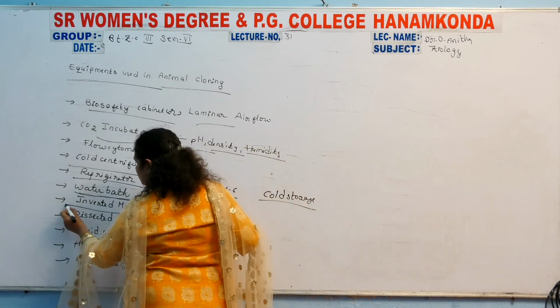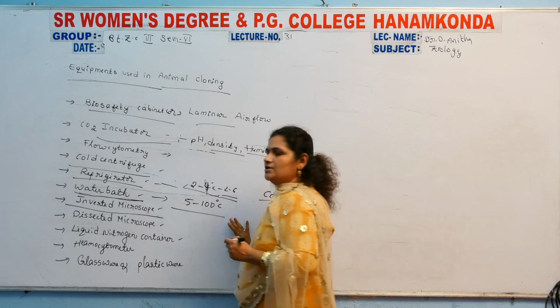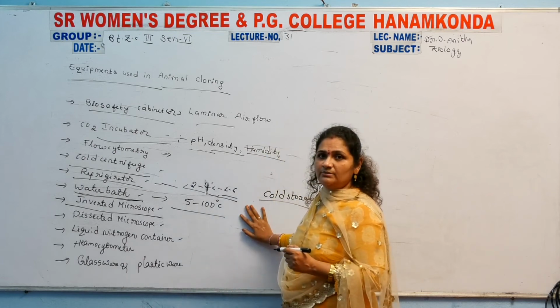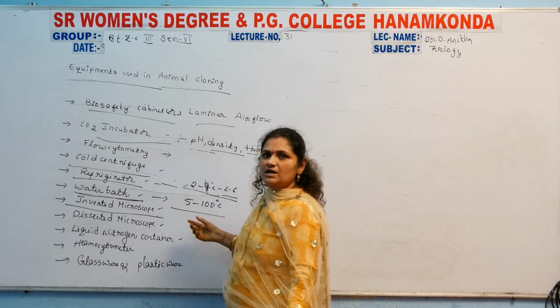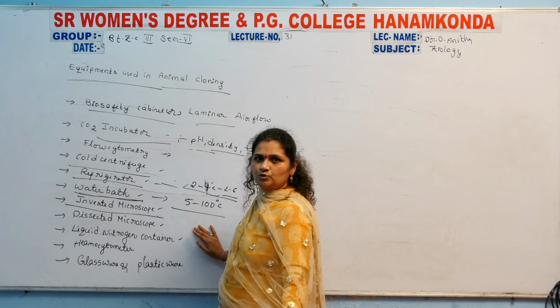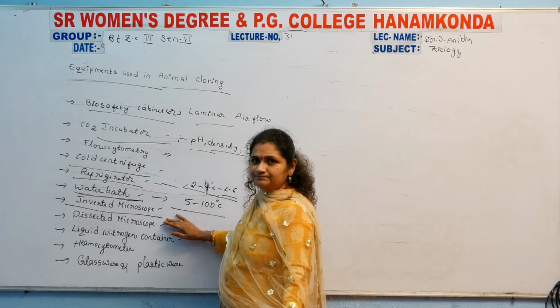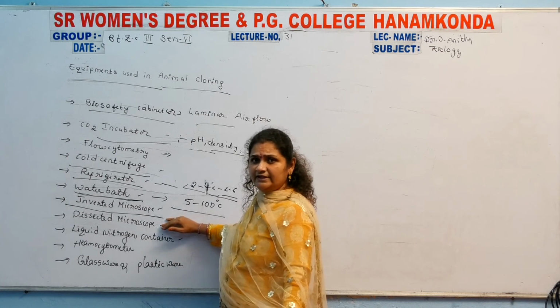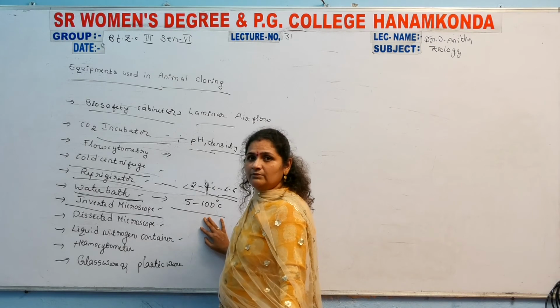And the next one is the inverted microscope. The inverted microscope is mainly for the purpose of the light source. The light source is illuminated with the help of the inverted microscope, so it is somewhat different from the normal microscope.